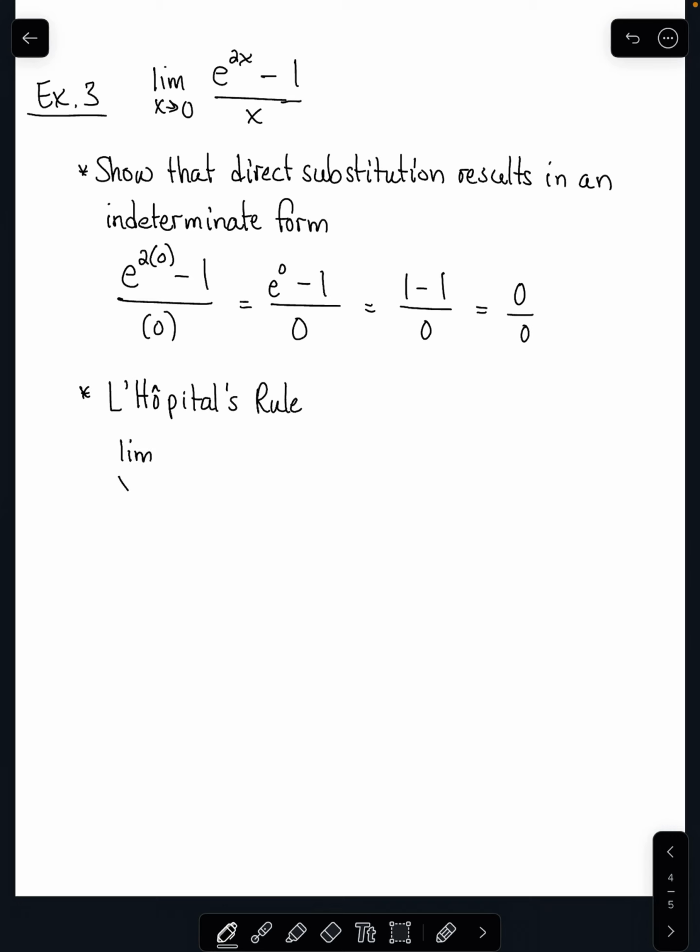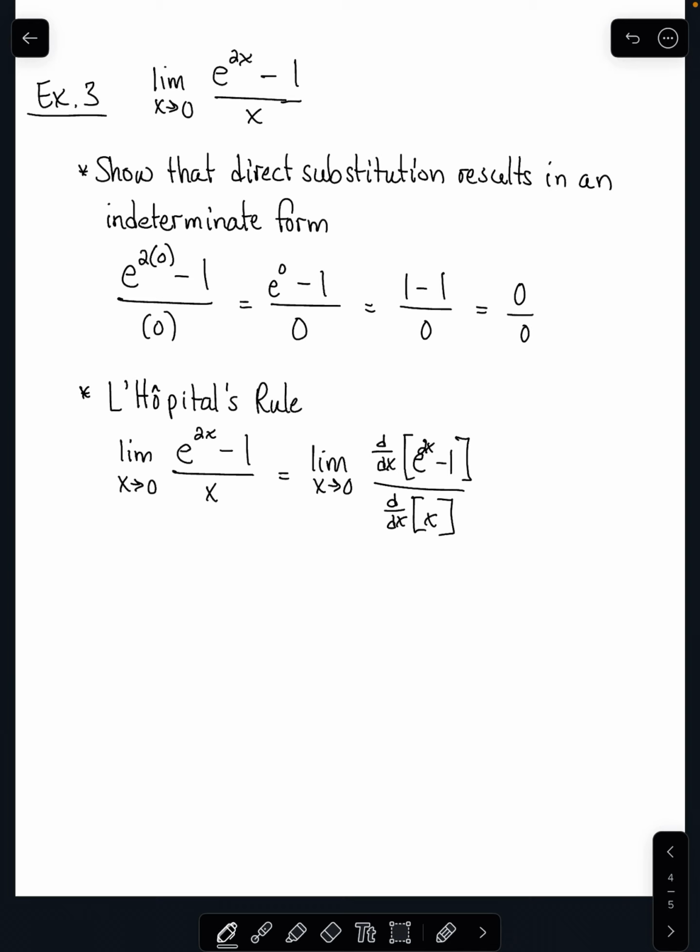Which says that the limit as x approaches 0 of e to the 2x minus 1 over x is equal to the limit as x approaches 0 of the derivative of e to the 2x minus 1 over the derivative of x, which again is not the quotient rule.